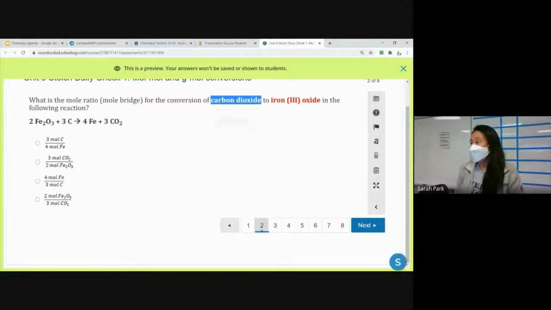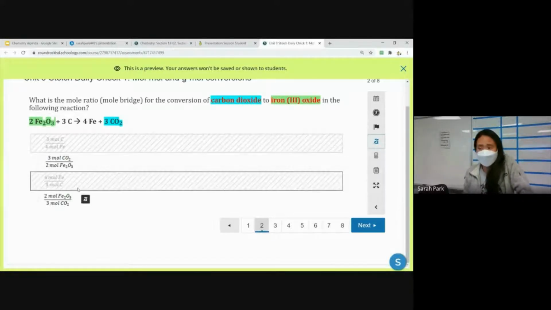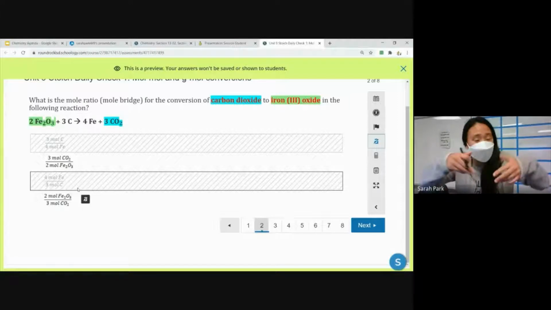Remember, what color did I make this? This is this, and this is this. So what 2 things do we not care about? We don't care about carbon, we don't care about iron. When you're eliminating answers, you can get rid of the carbon and iron. They're important in the recipe, we just don't care about them in this question.